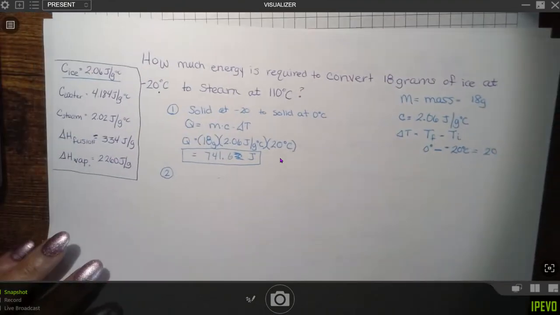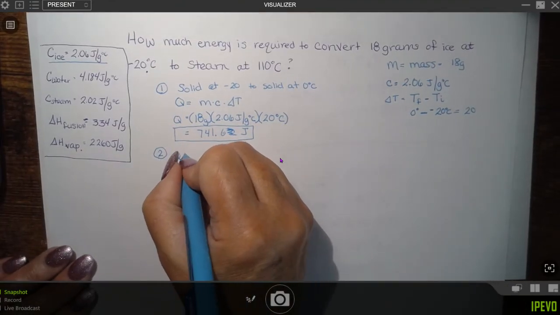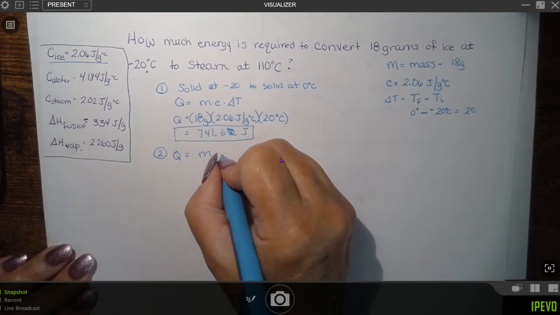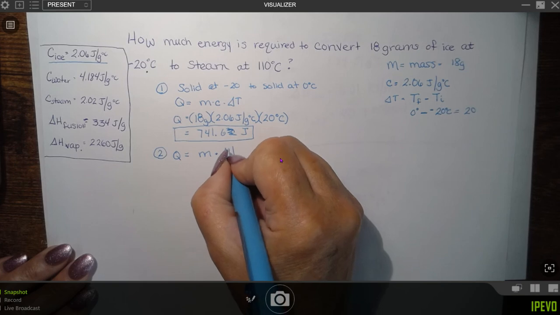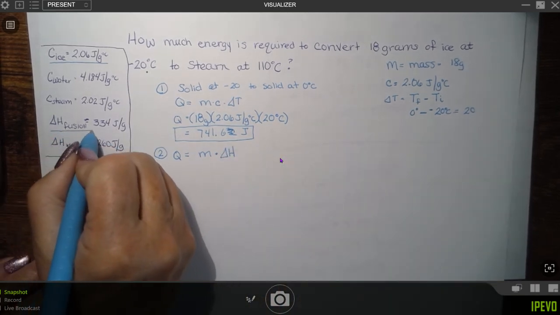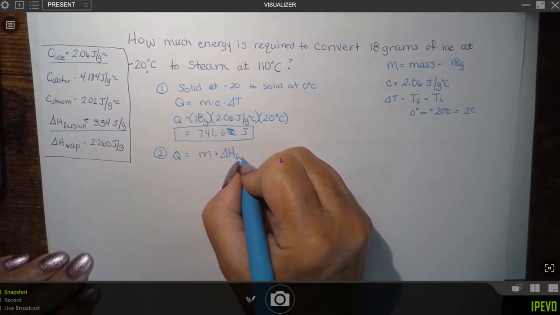What we're going to use when we're melting is Q equals M, mass, times delta H, and melting is referred to as fusion. So delta H of fusion.